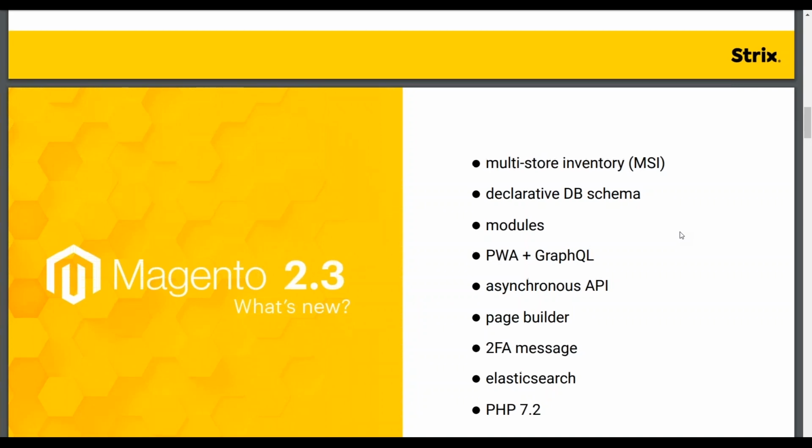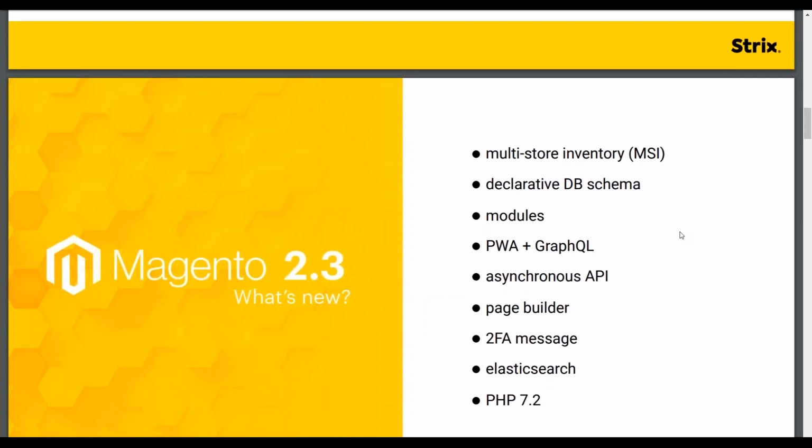And what's next? We have a lot of new modules, like a new payment gateway, new indexers, and so on. Another cool feature that comes with version 2.3 is PWA plus GraphQL.